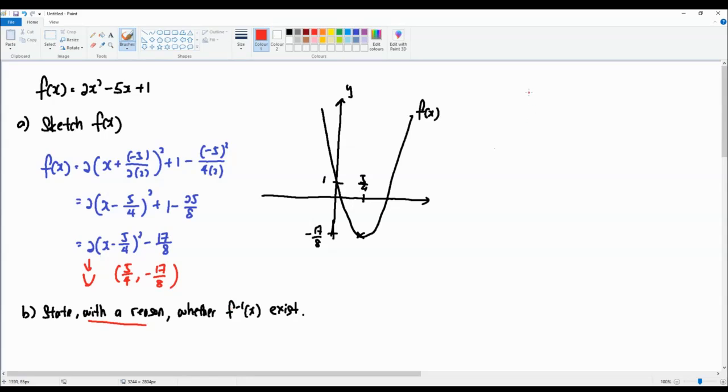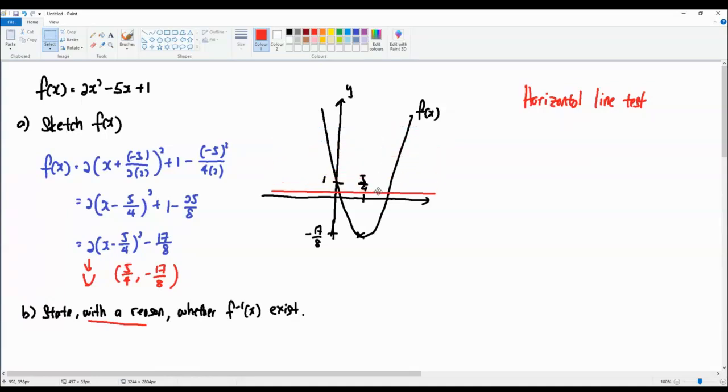We need to apply the horizontal line test. What is horizontal line test? We have a horizontal line, and then I will move this line up and down from a graph, and take note whether the horizontal line intersects the graph once or more than once.